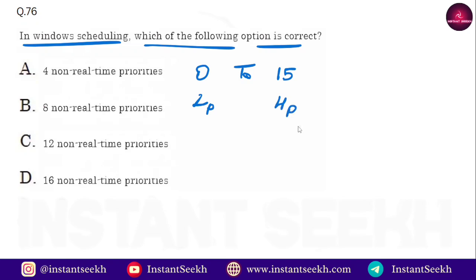Tasks are assigned to a priority level and the scheduler selects the task accordingly. So option D is your right answer, that is 16 non-real-time priorities in Windows scheduling. Let's move on to the next.